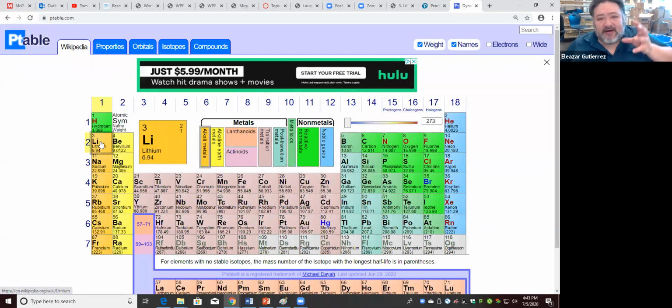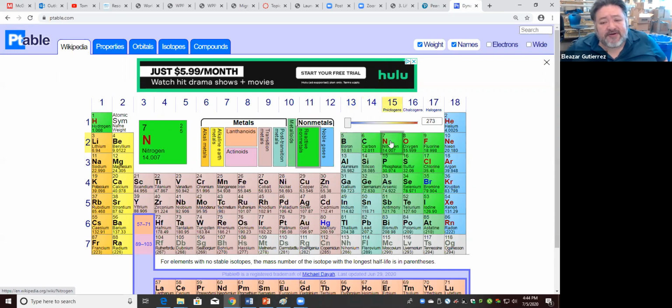So lithium plays with one atom. Beryllium plays with two. Boron has three valence electrons, so it plays with three. Carbon plays with four other atoms. It can make four covalent bonds, and that is the maximum number.